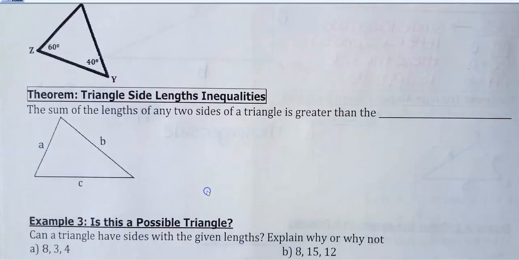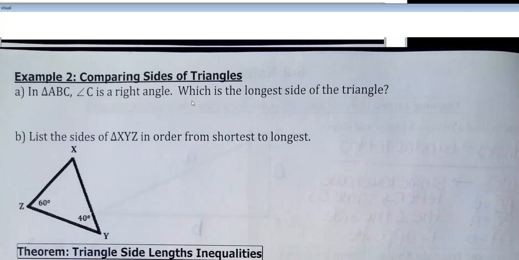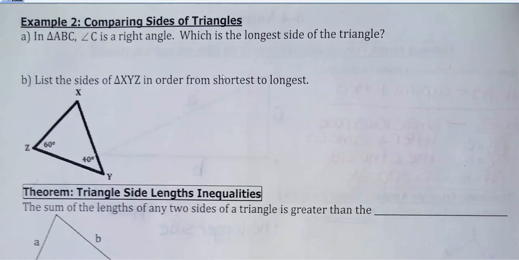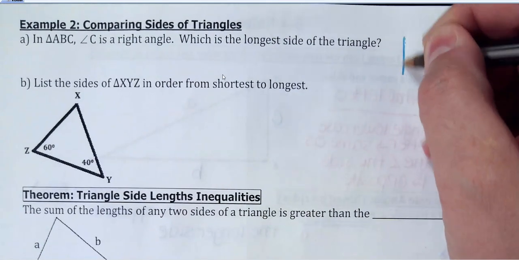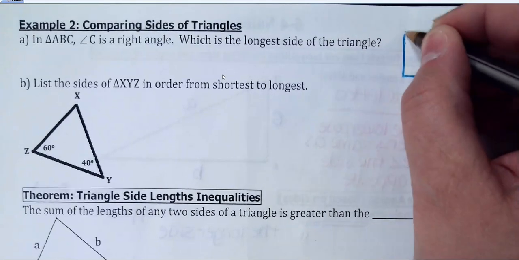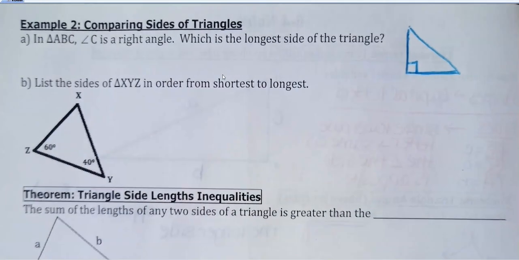Okay, so first one, I don't have a picture, and honestly, you don't have to draw something for this. Oops, but I'm going to. So it says I have triangle ABC, and C is a right angle. So I'm just going to try and sketch a little right triangle so you guys can look at it here. And I just tried my best to do a vertical line and a horizontal line.